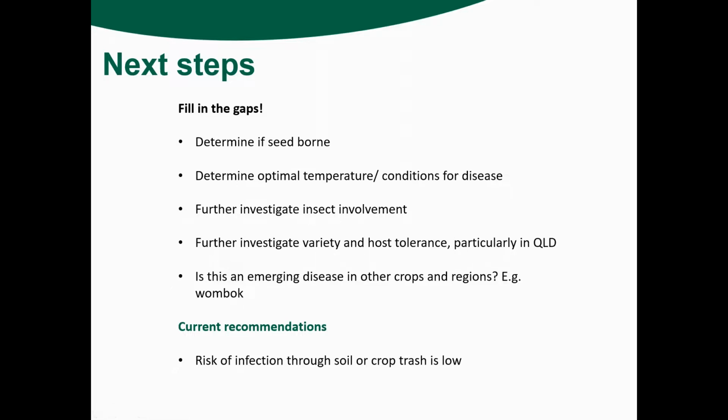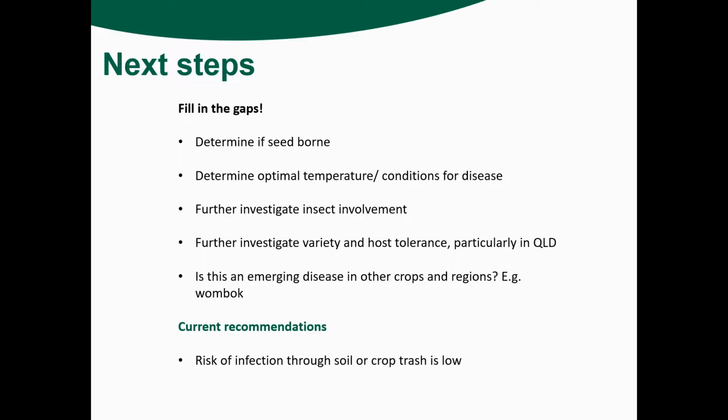Definitely in Queensland, I think we need to investigate zucchini varieties here and do some host tolerance work as well, just to mimic what they did in WA. And we also want to find out if this disease is emerging in other crops and regions, because there is one that does this in Wombok.